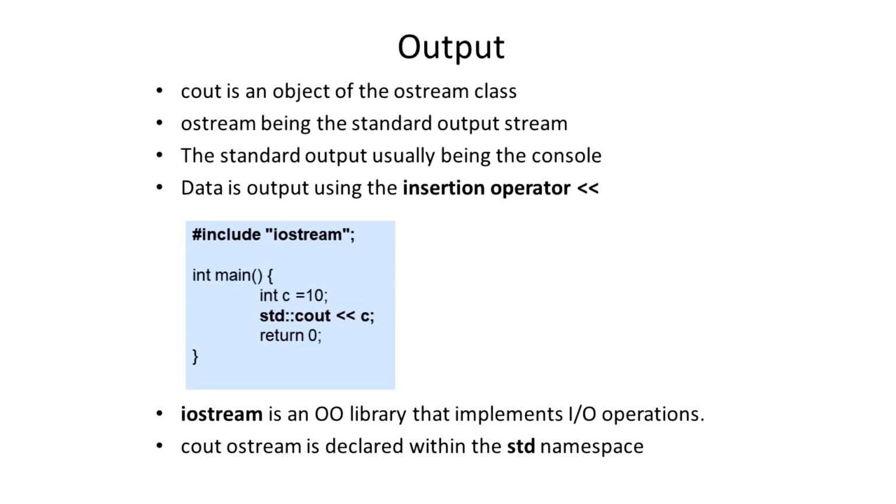Next, let's remind ourselves about how we output data to the screen. And in C++, this is using cout. And you might think that cout is a function or a command, but actually it's an object of the output stream class, or otherwise known as the ostream class for short.